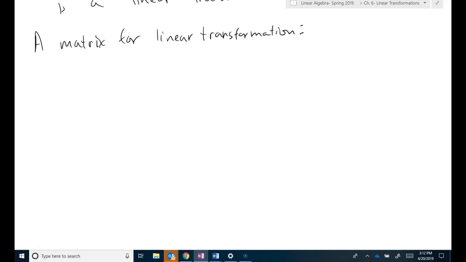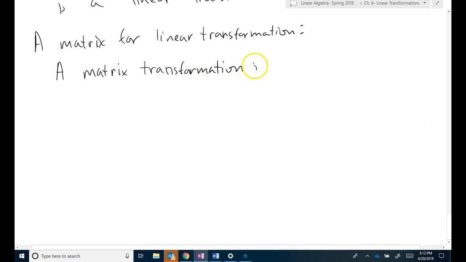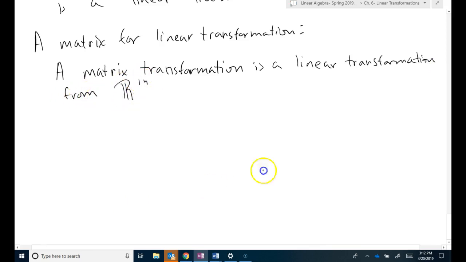Okay, so let's first talk about a matrix transformation. A matrix transformation is a linear transformation from Rm to Rn.